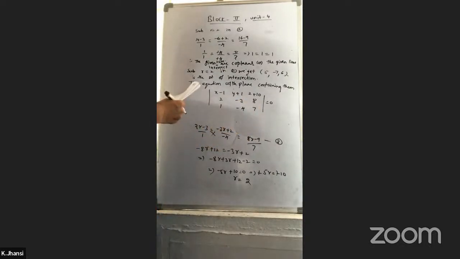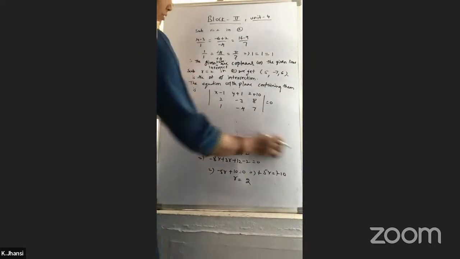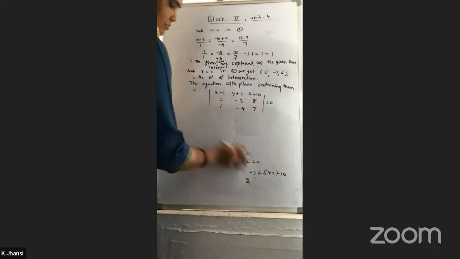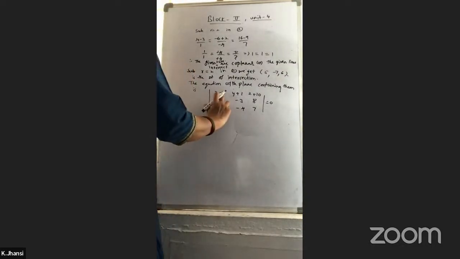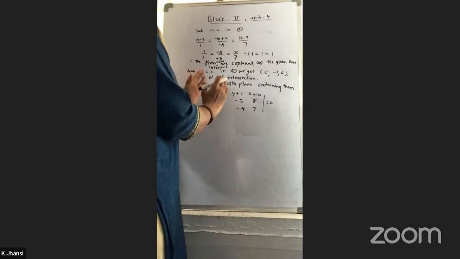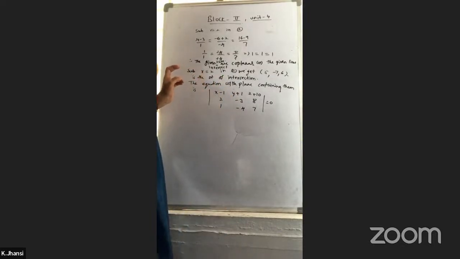So anyone, you can take x minus x1 or x minus x2. For this also, now we need to find the determinant. First, I hope you all know how to find the determinant.